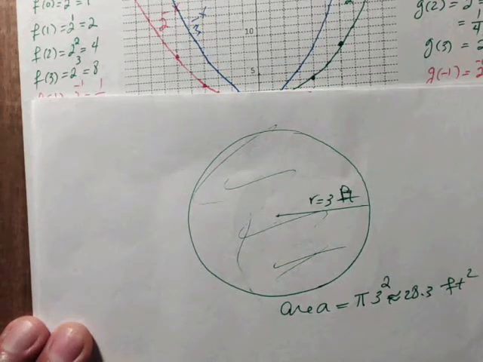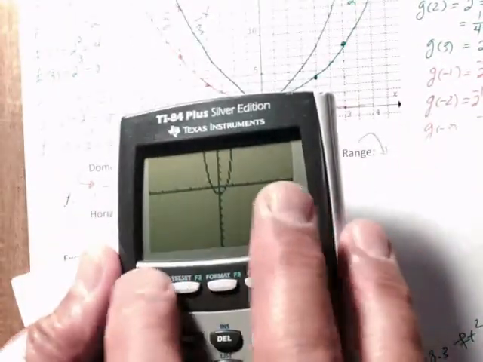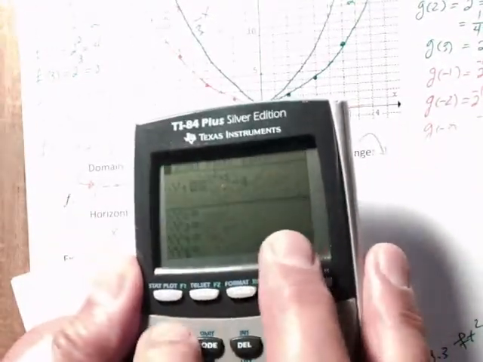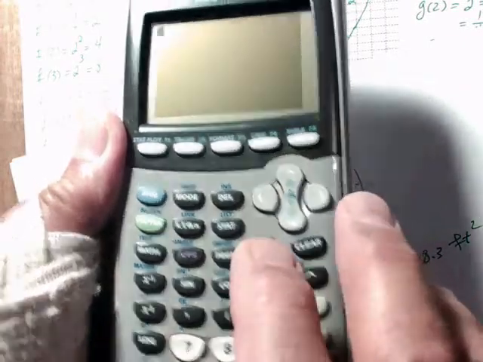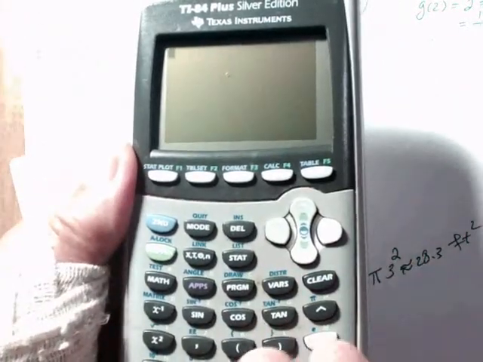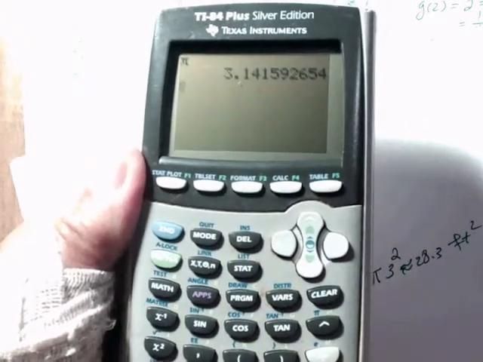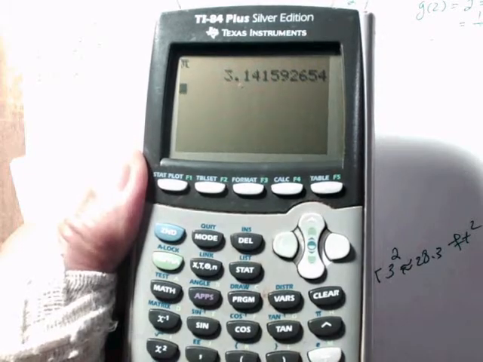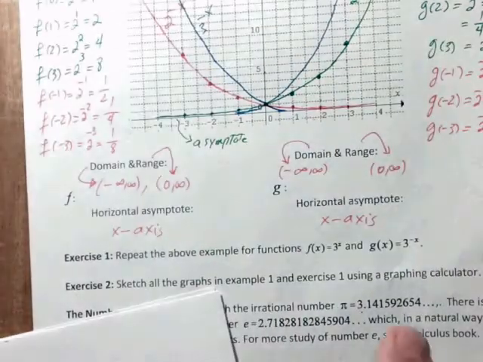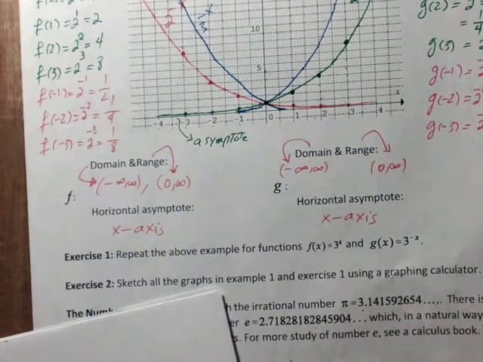If you want to know how much it is, press second pi: about 3.1415926535. And if you want more decimals, you have to use a bigger computer.